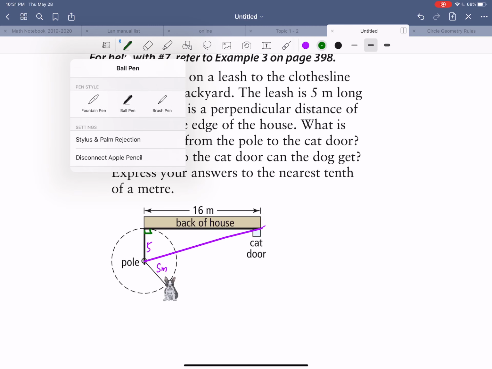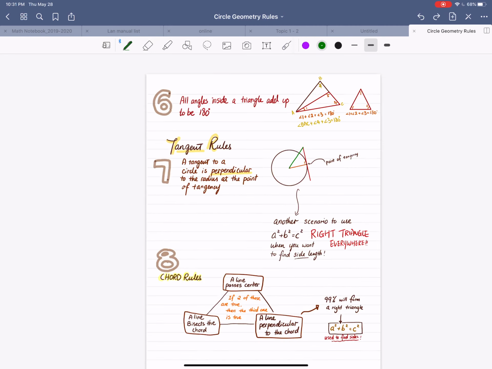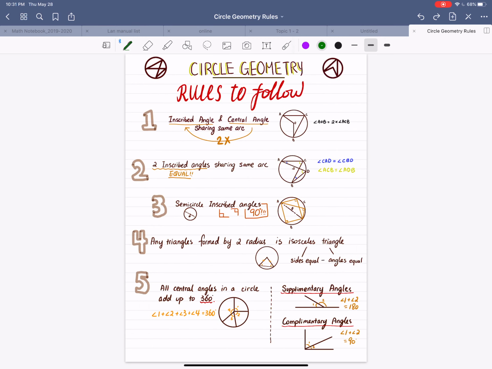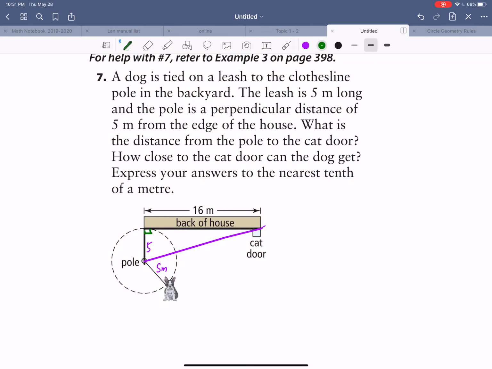According to the tangent rule, a tangent line of a circle and a radius will form a perpendicular angle there. What you need to do next is to connect these two so you can solve all the side-length kind of problems.